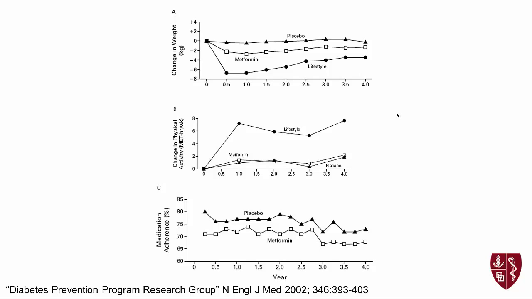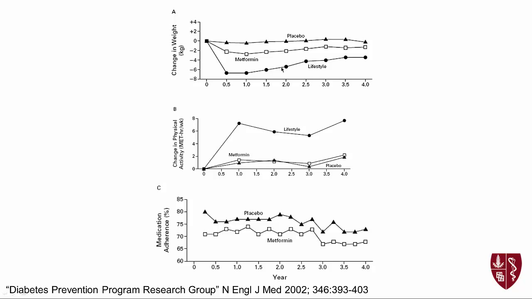As they mentioned in the paper, in the lifestyle group, one of the goals was to see a weight loss. And you can see here in this panel, the very top part of the figure, that those in the lifestyle group were the ones that had the most change in weight, and they had the most weight loss. Of course, this weight loss is not that great as the follow-up continues, and this typically happens.